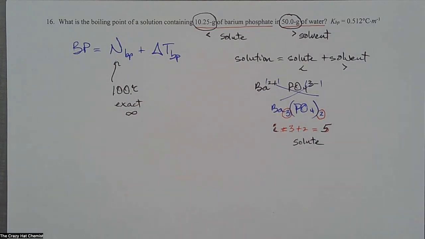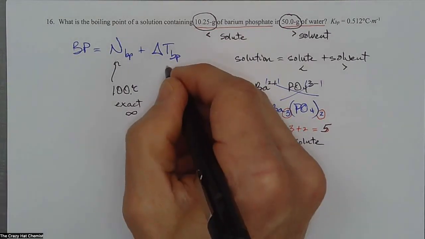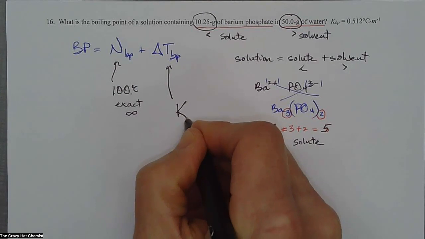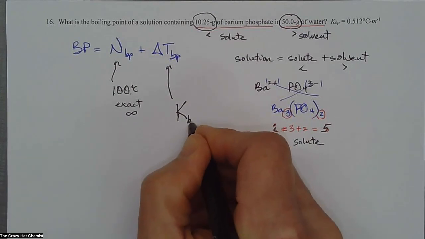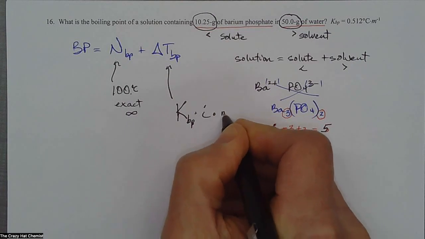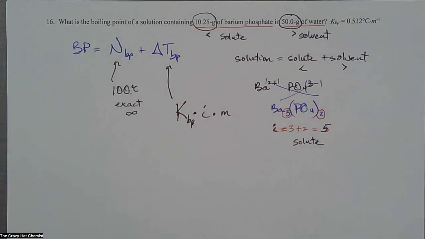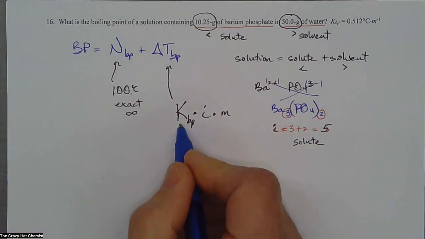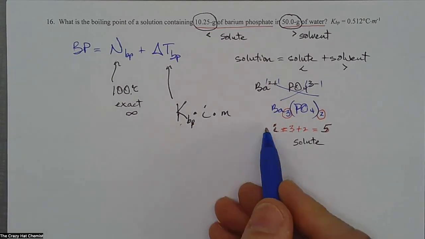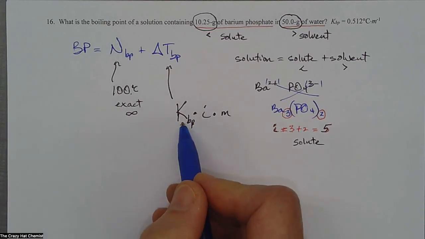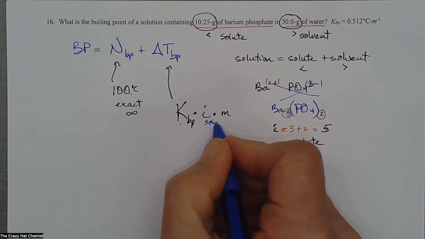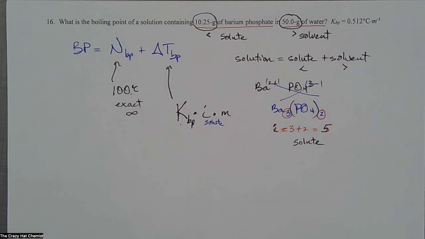Then the change in temperature of the boiling point is equal to the constant for the boiling point times i times m. Remember my college girlfriend, what was her name? Kim. I don't know if that's her first name or her last name, but it's the constant times the i, which is for the solute, and then the molality.